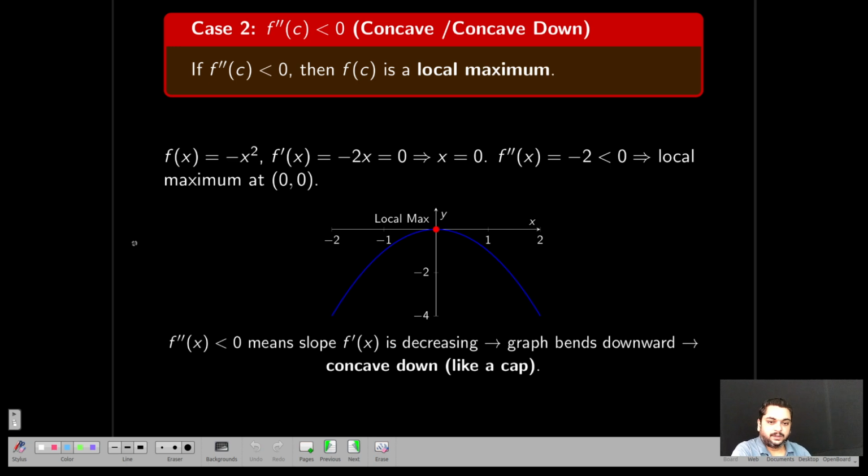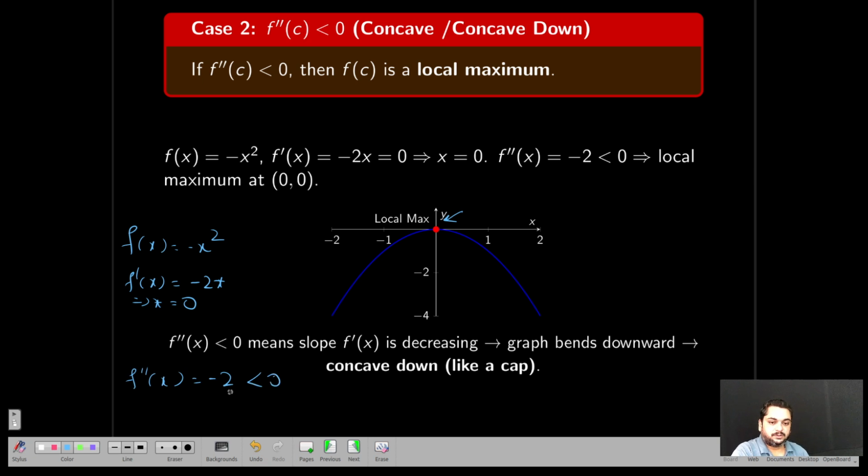Similarly, take f of x equal to minus x square, and again find the critical point: f dash equals minus 2x, which implies x equal to 0. So there is a critical point at x equal to 0. Now test for concavity. F double dash of x becomes equal to minus 2.